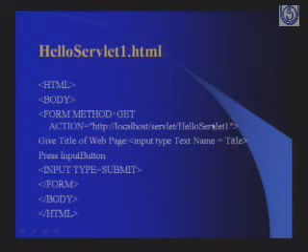Now it will send a request to this URL or this service. In addition to that, it will pass some more parameters. What parameter are we passing? Give title of the web page, and then the type name, and then title.